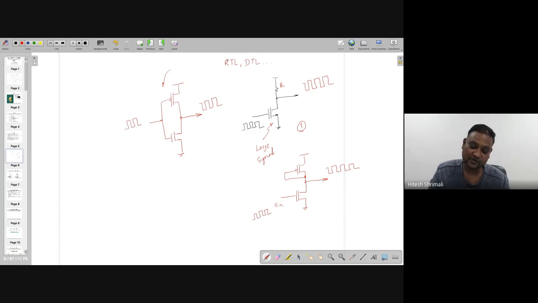In that case, you can use various loads. It might be resistive, might be diode, and all other things. If you want to make, let's say, a NOR gate, you can make this one, and it becomes a NOR gate. Similarly, if you want to make different gates and functions, you can follow that with the given load.